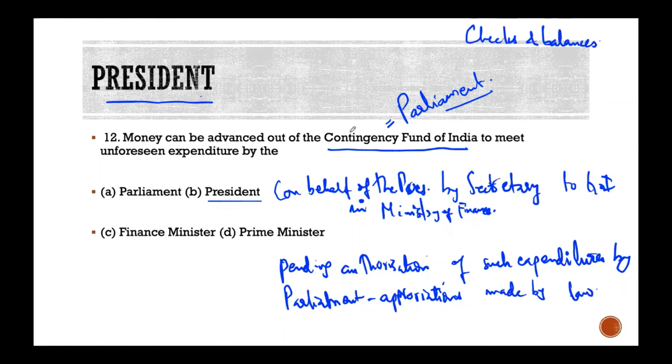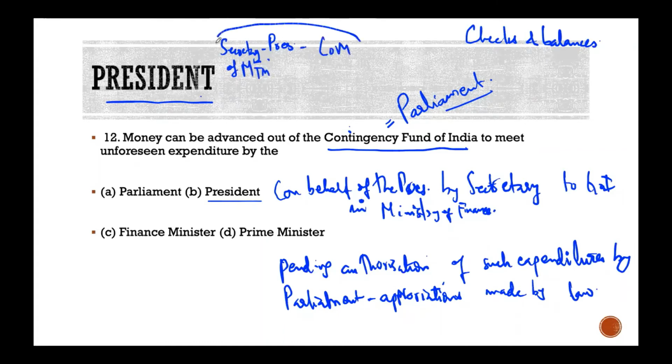When we say Consolidated Fund of India, and the money advanced from it, what happens? Let us say the president releases this. That means the president on behalf, so let's say the Secretary of Ministry of Finance, and that actually means your council of ministers.